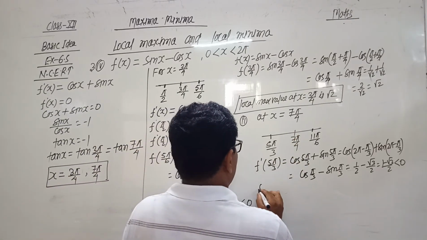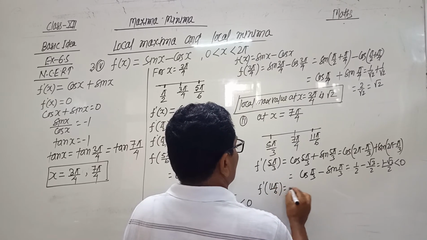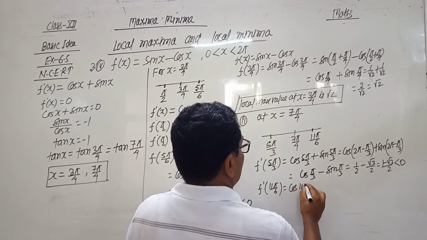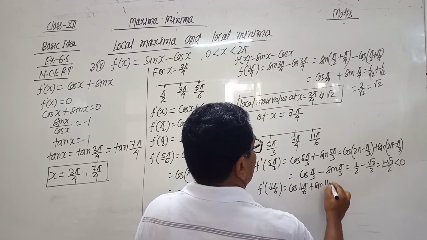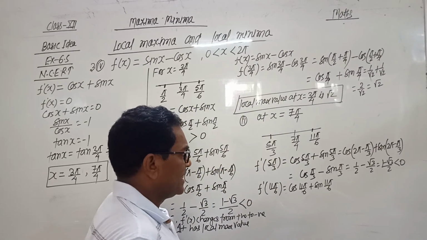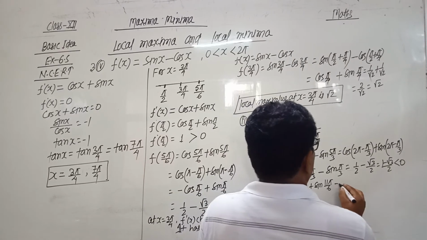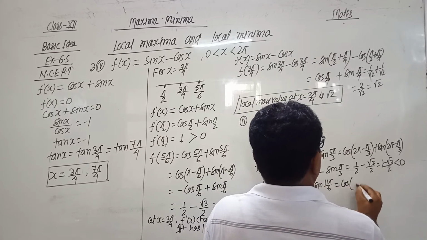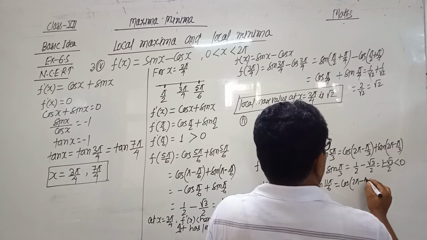Now f dash 11 pi by 6. So cos 11 pi by 6 plus sin 11 pi by 6.